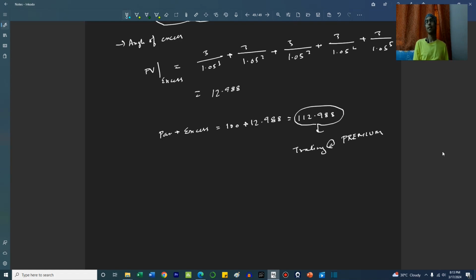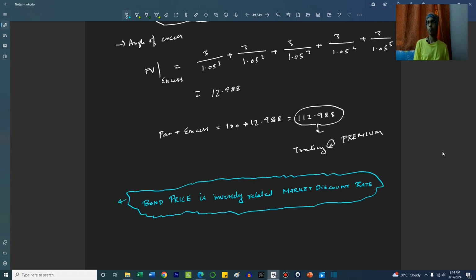So from these calculations and examples, what we can understand is that bond price has an inverse relation to the required return or market discount rate. This is postulate number 1.